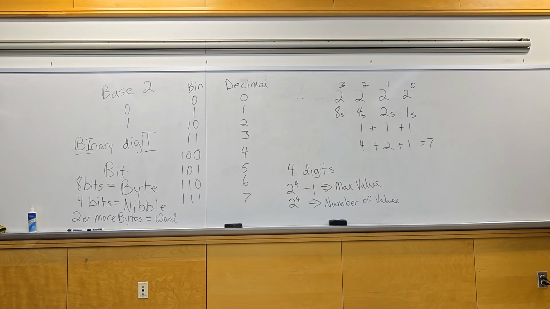Any ideas? Don't think computers. What would be between a nibble and a bit? It is a crumb, yeah. 2 bits is a crumb. So, little terminology for you there.